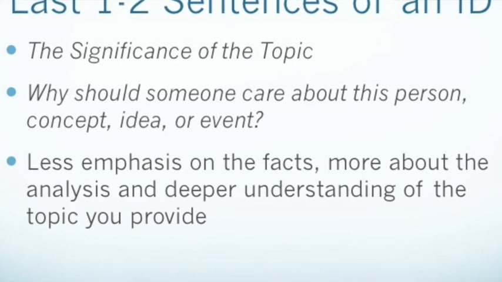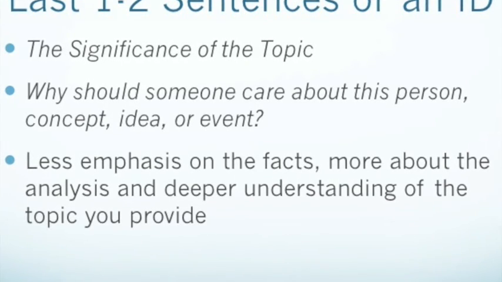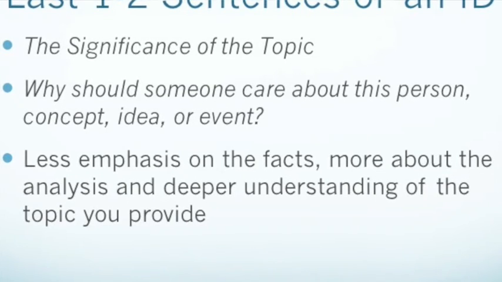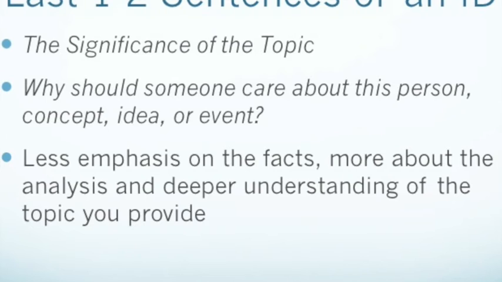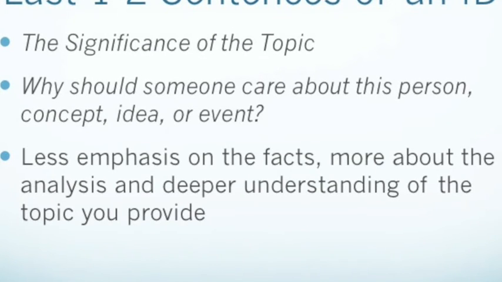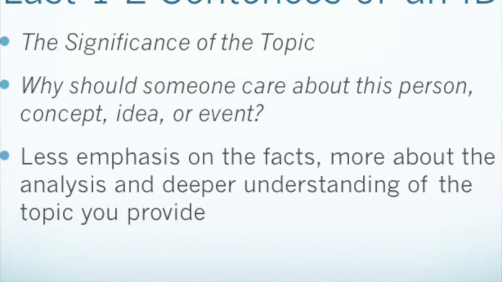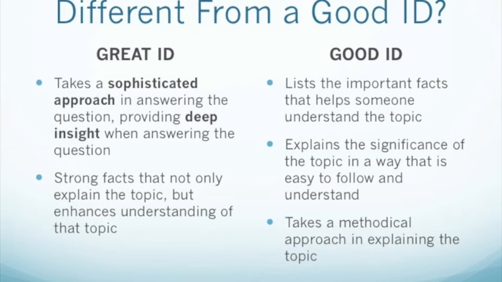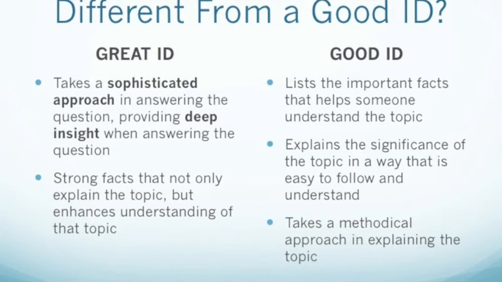And ultimately, what I'm looking for, what's going to make a good as opposed to a great ID. A good ID merely just states the facts and then goes with the significance. A great ID, one that's going to get you the most points, is really going more into depth, really going into more detail about why this event matters, really making a sophisticated approach about why this person matters, why this concept matters, why should we care about this topic.